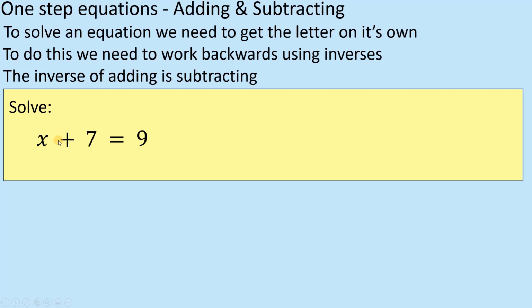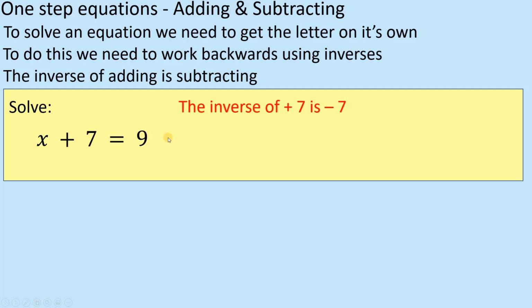If I'm going to do the inverse of this plus 7, I'm going to do the opposite to this side. Essentially you're going to take away 7 from this side and this side, because this is an equation where this equals this. So whatever I do to this side, I've got to do the same to this side. If I take away this 7, then I've got to take away the 7 from the other side.